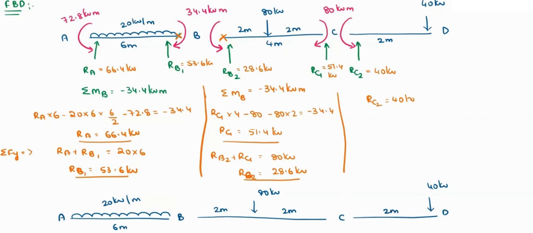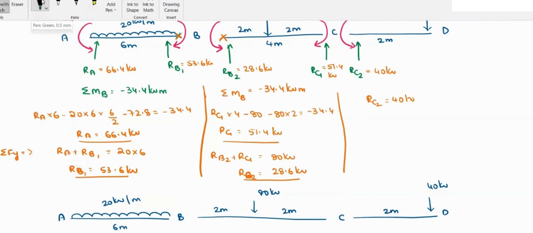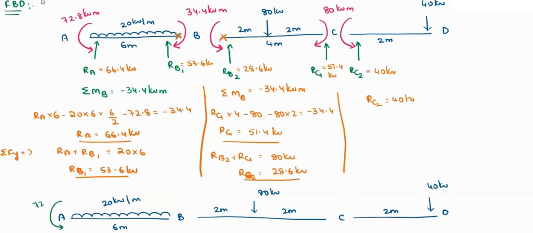So just a representation of all the values now. Moments I am going to represent now. This moment is 72.8 kilonewton meter, these moments are 34.4 kilonewton meter, and these moments are 80 kilonewton meter.